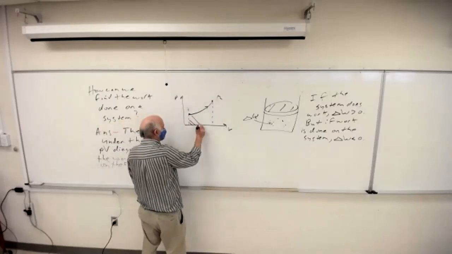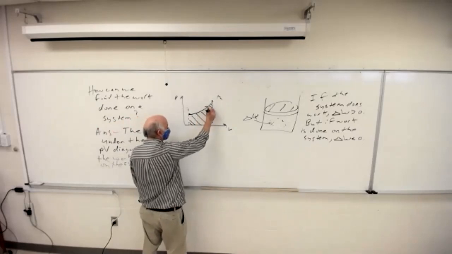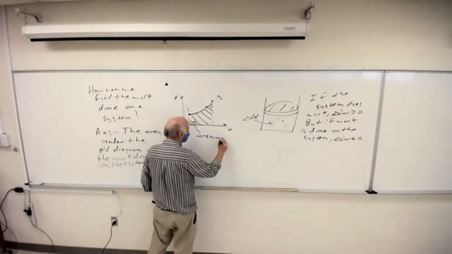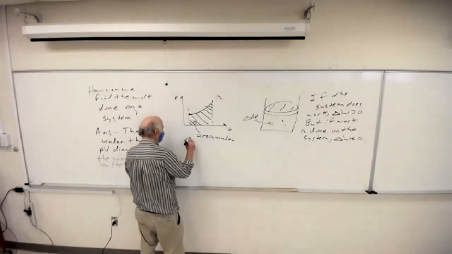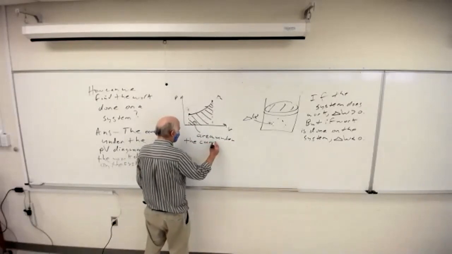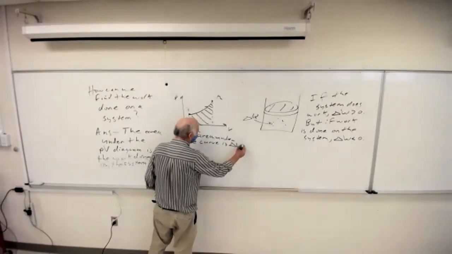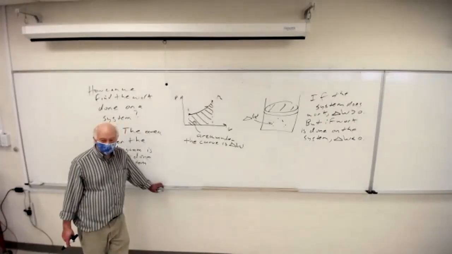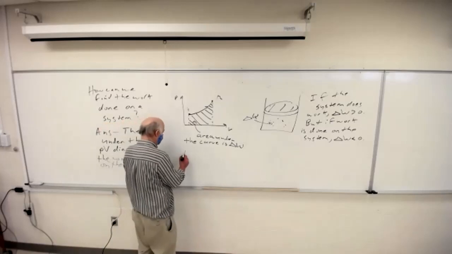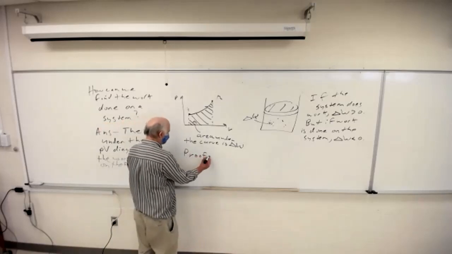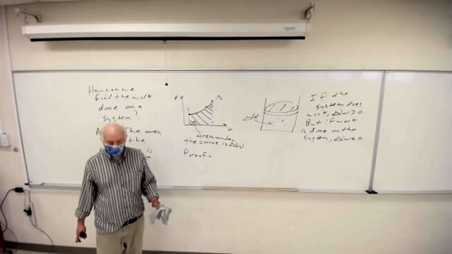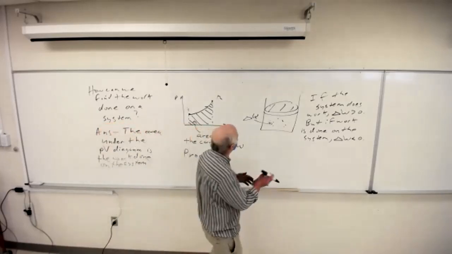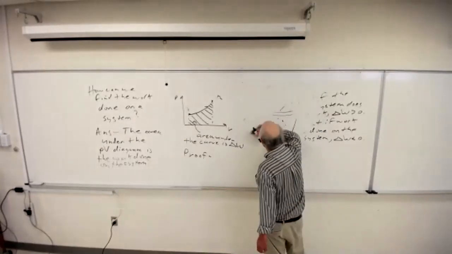If I look at this area here, this area under the curve, is delta W. I'm going to prove this. That's going to be a nice thing to do. So let's prove that.